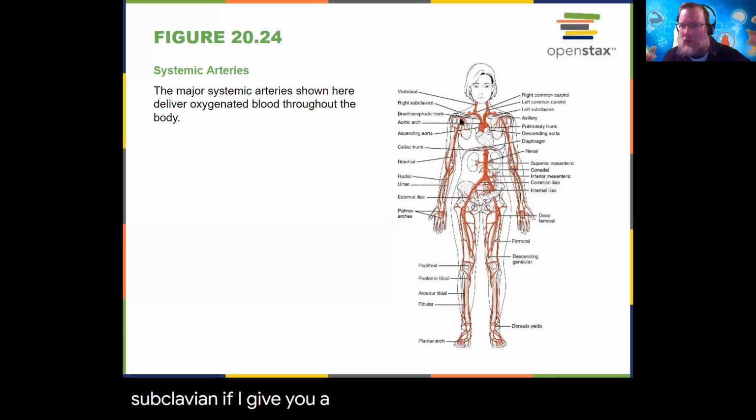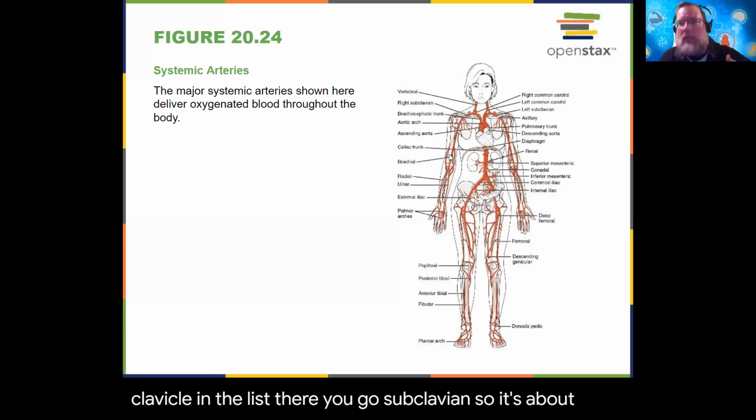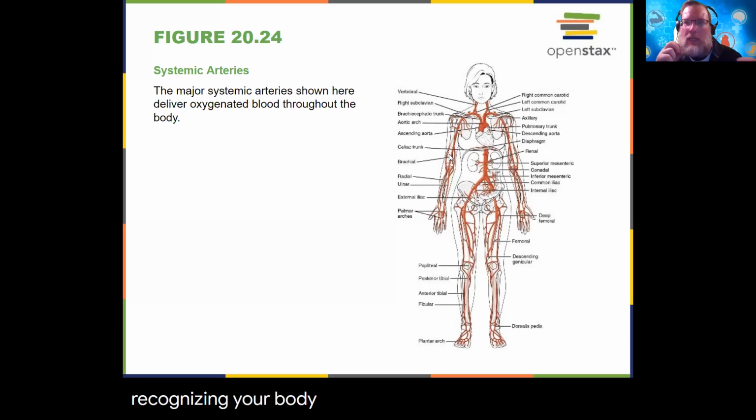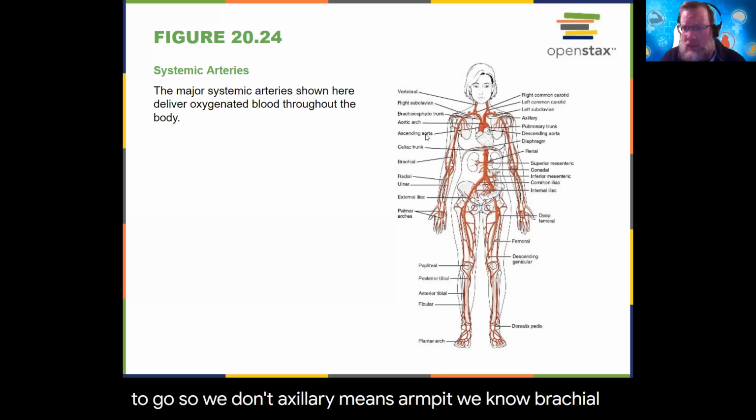If I give you a list, and the only one that has clavicle in the list, there you go, subclavian. So it's about recognizing your body regions and then being able to identify: I have a term, can I put it where it's supposed to go? We know axillary means armpit, and brachial means arm.